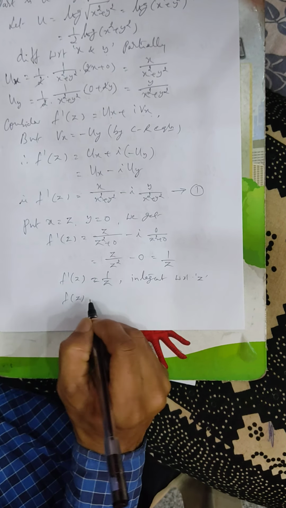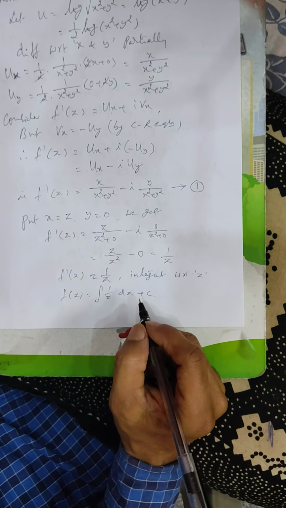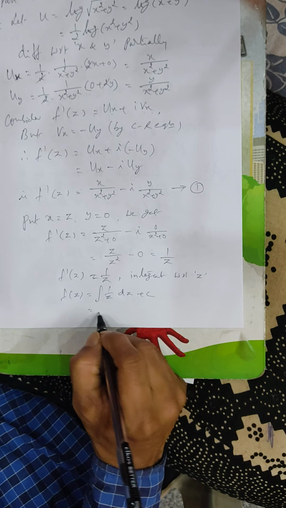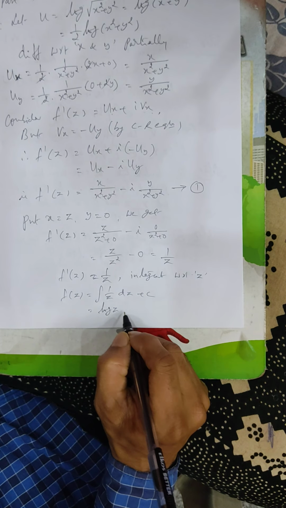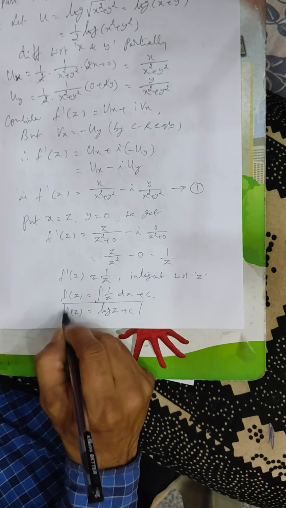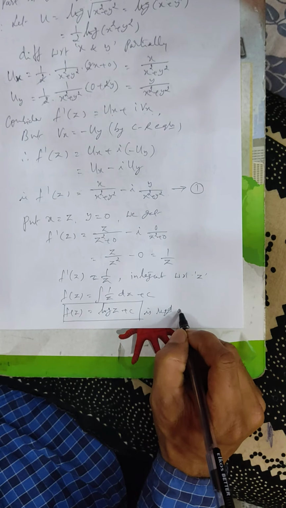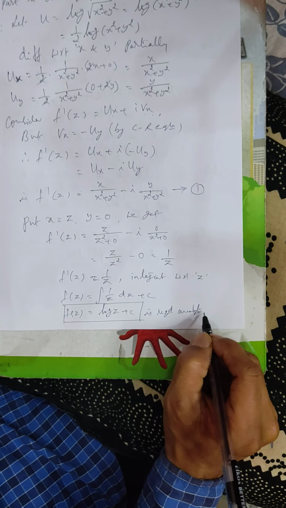We get f of z is equal to integration of 1 by z dz plus c, and integration of 1 by z is log z plus c. So f of z is equal to log z plus c is the required analytic function.